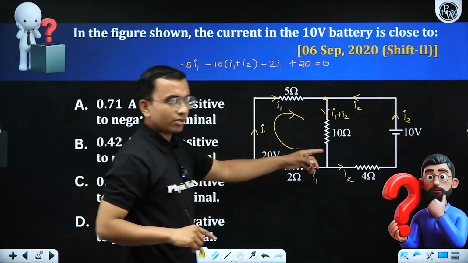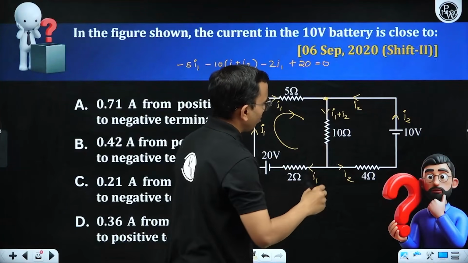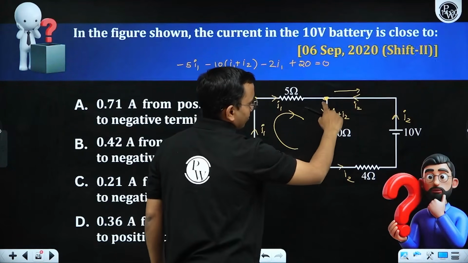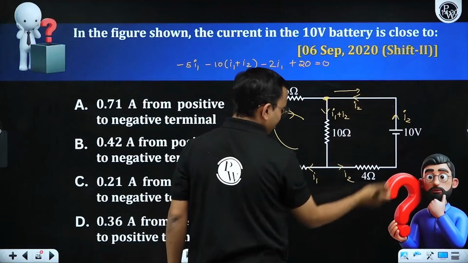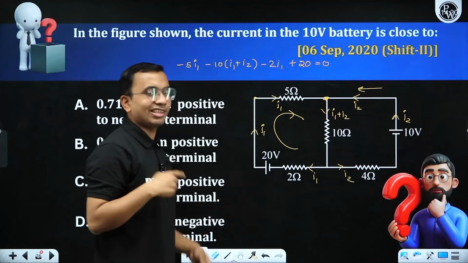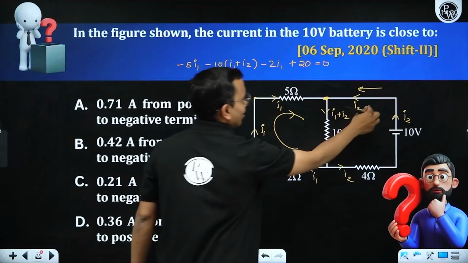Now the second equation, for this loop. Let us move from any one of the points, in the direction of current. I generally prefer the direction of current. Okay, so I'm moving from here.